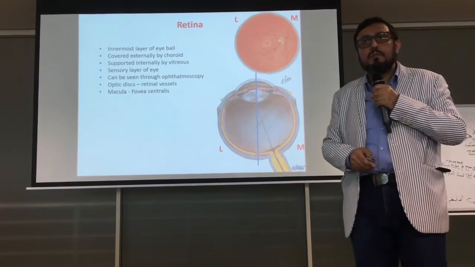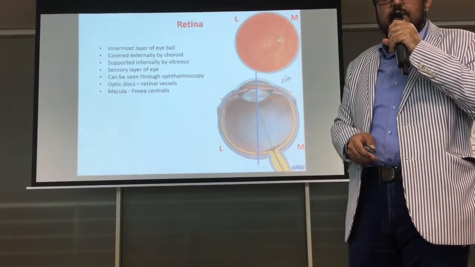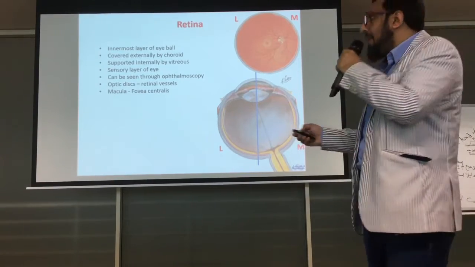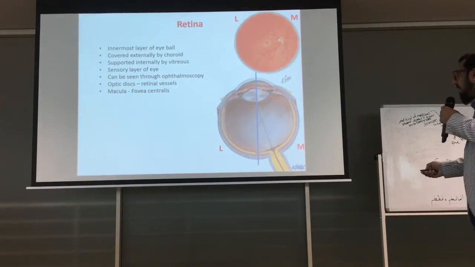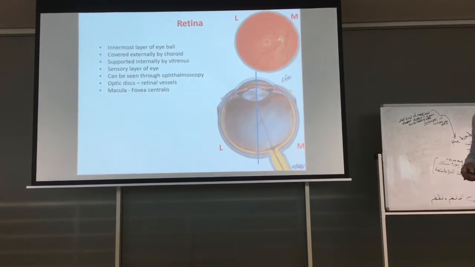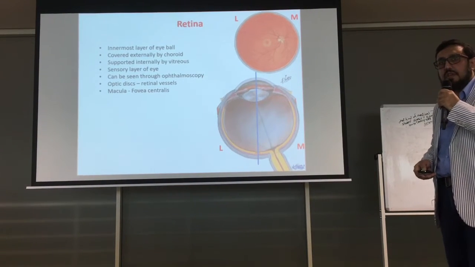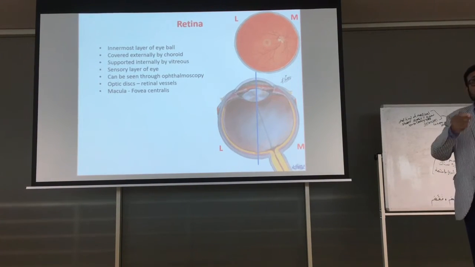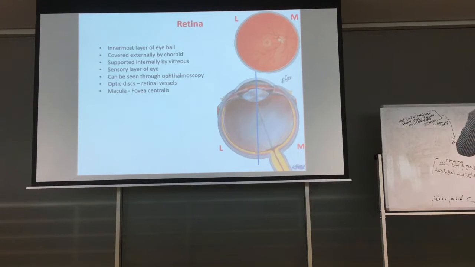What is the significance of the black spot? The black spot is the place where all the vessels and structures enter. When you visualize the retina through the ophthalmoscope, you get an image like that. If you look at that, this is the medial side, this is the lateral side.